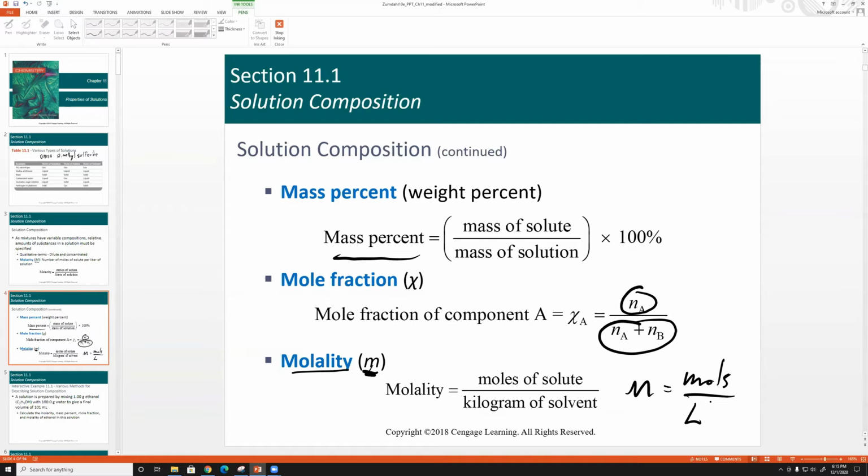So anybody have any ideas of why we would use molality as opposed to molarity? Or what's the difference that you see? Why would the difference be important between doing the kilograms of solvent versus the liters of solution? Anybody?